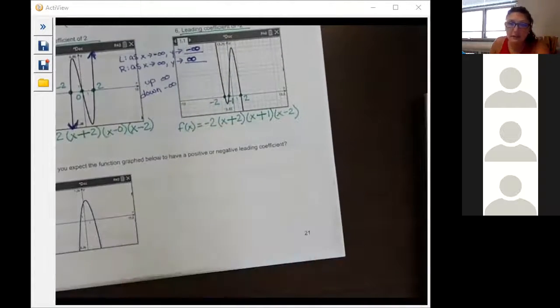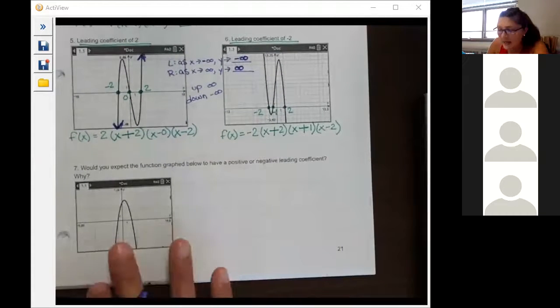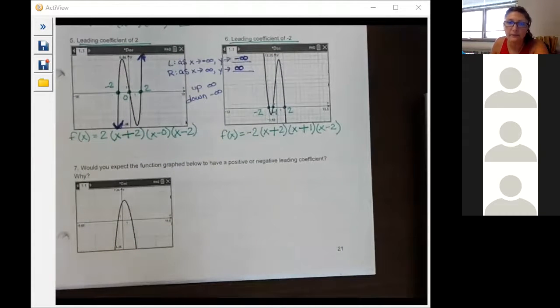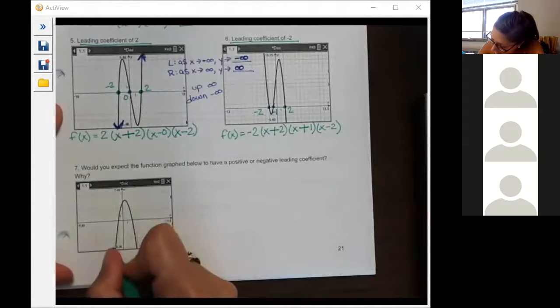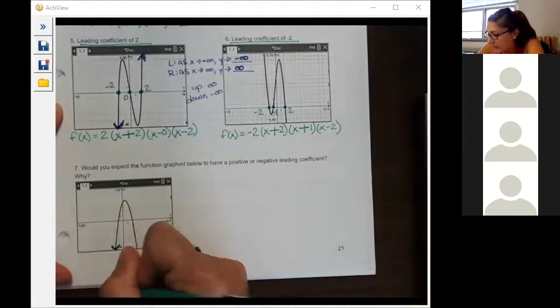If we hop down to number 7, that's kind of what they're asking us to draw on here. Would you expect the function graphed below to have a positive or a negative lead coefficient, and why? So they've given us the graph, but no information about the lead coefficient, okay? So we're going to rely on its end behavior to make that decision. So this edge of the graph, I would want to put an arrow pointing down because it's going to keep going down this way.